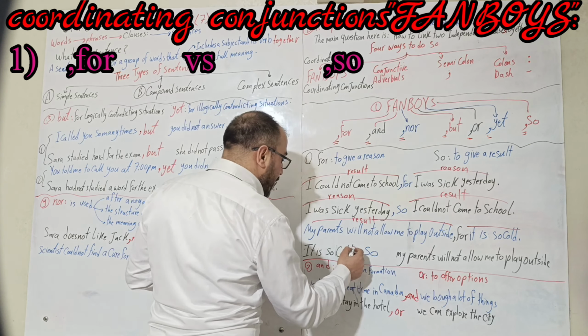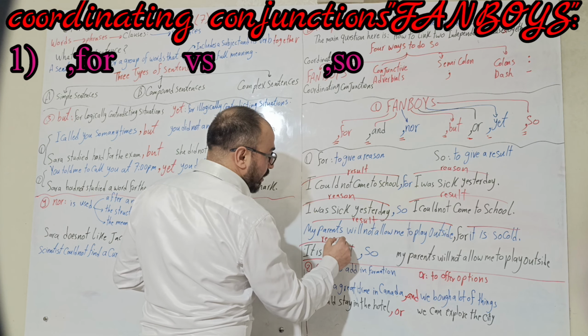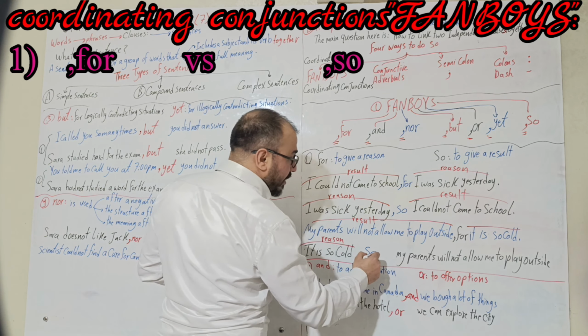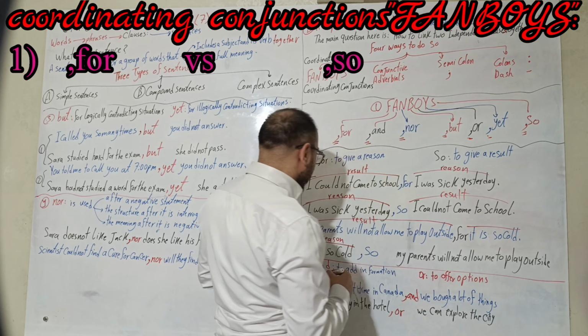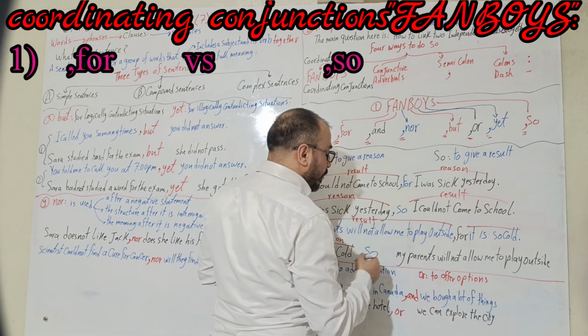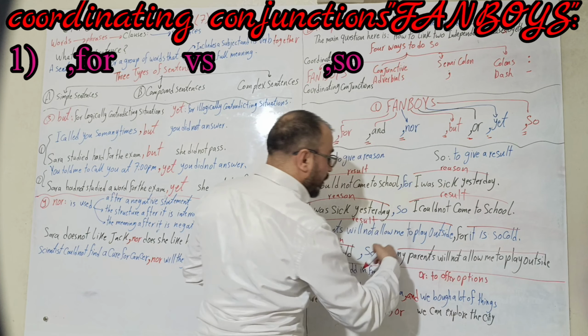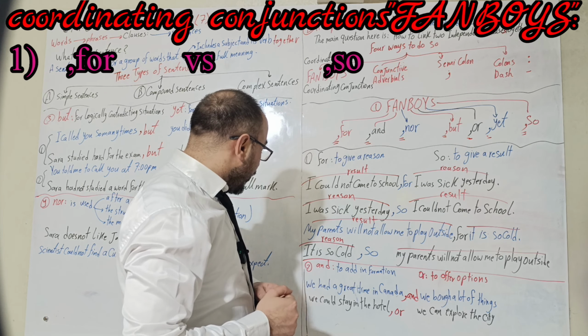I say it's so cold, so this is the reason here, and so my parents will not allow me to play outside. So the reason here is mentioned first, then I need to mention the result: I use so, then I use the result clause.